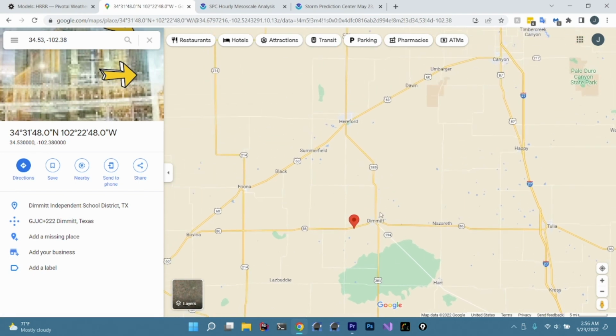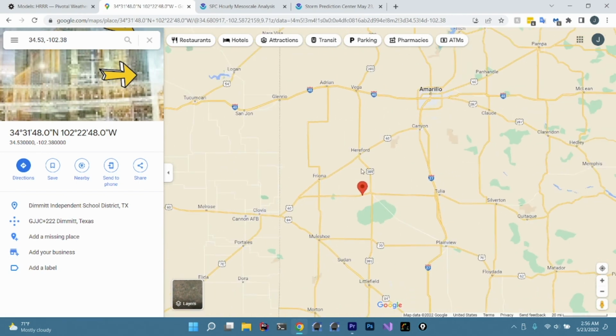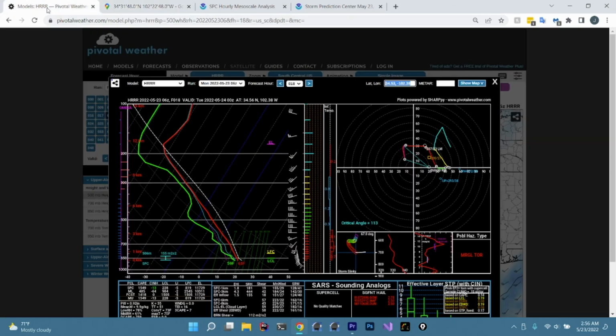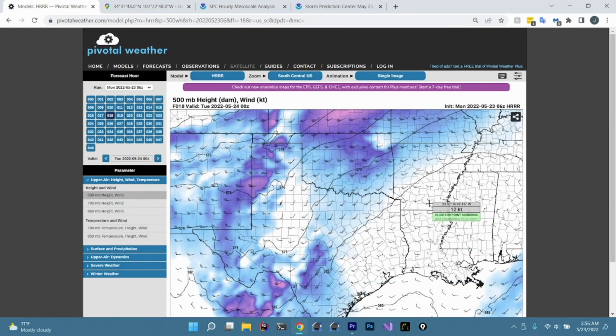I would say Hereford or Dimmitt would be my target for later today if I was going to be chasing, because that's the general area where this is going to be occurring. So that's pretty much it. You have this little shortwave embedded in here, and you have this one here, and you got this one up here. These are going to be your sources of lift.